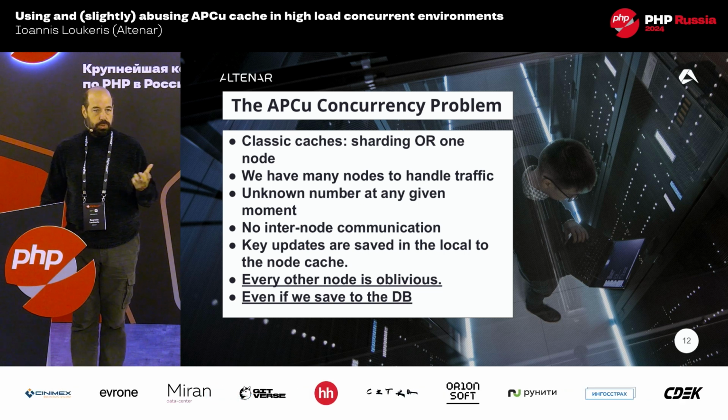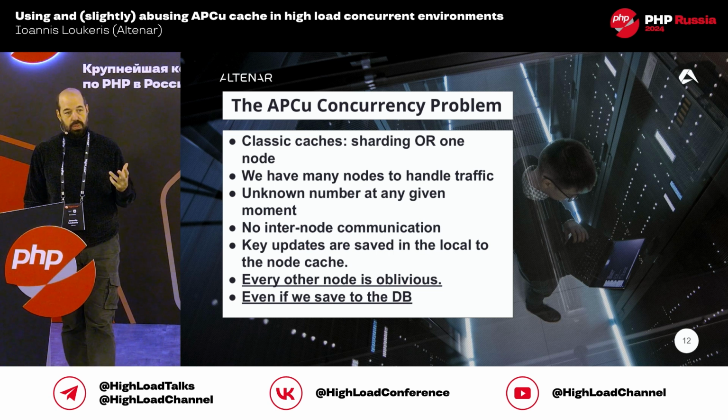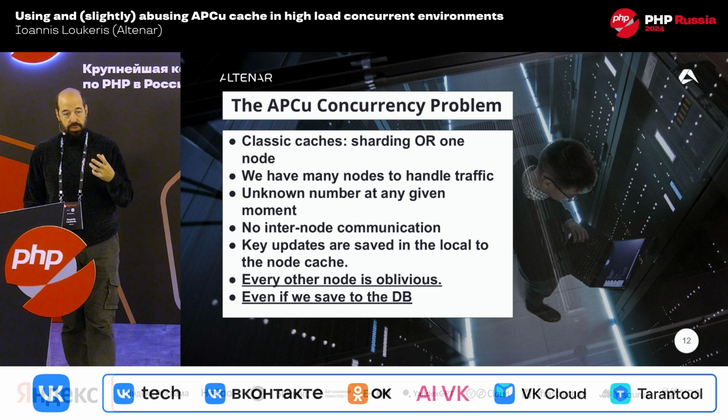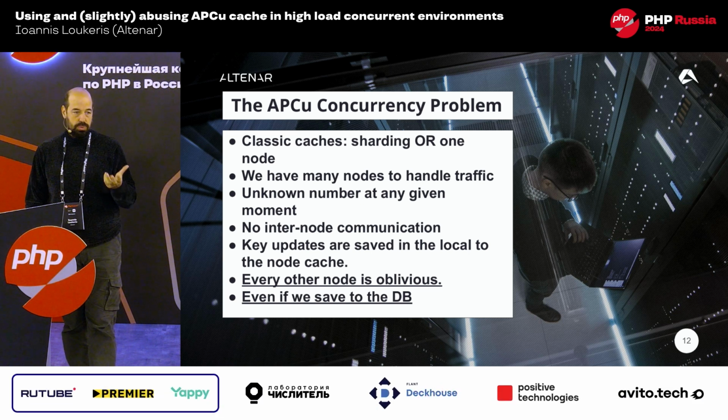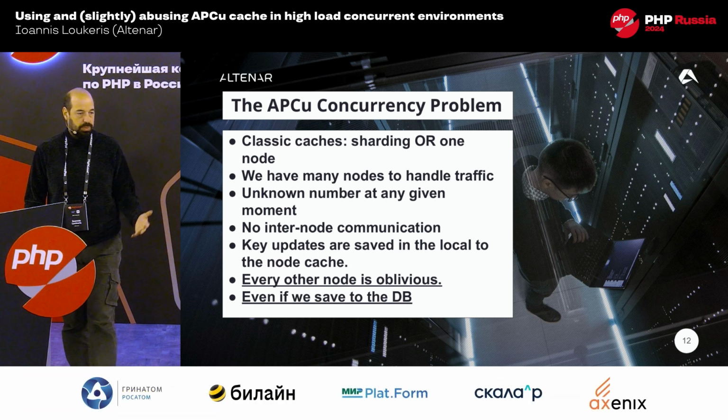We have a lot of pods in Kubernetes, and we don't know how many. In theory, at any given moment, it could be any number between our minimum and maximum, and we don't know what those nodes are, where they are, or what they're called, because these are all auto-scaling.